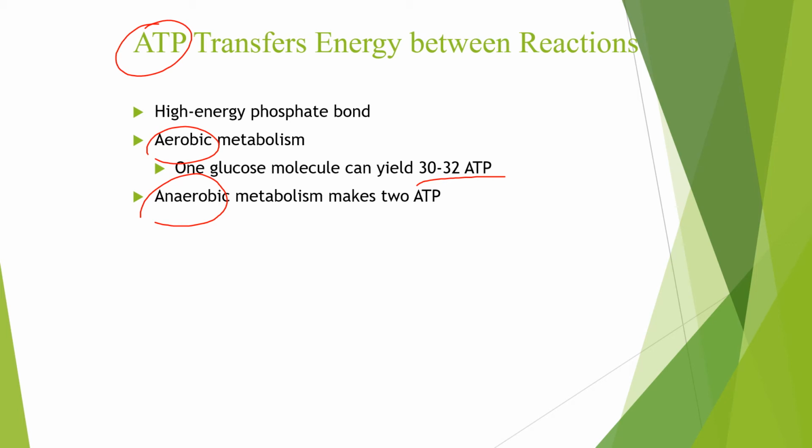So we call it anaerobic metabolism, or fermentation. When we go through anaerobic metabolism, we only produce 2 ATP. So you can see the huge difference between aerobic and anaerobic. Aerobic produces 32, anaerobic only produces 2.